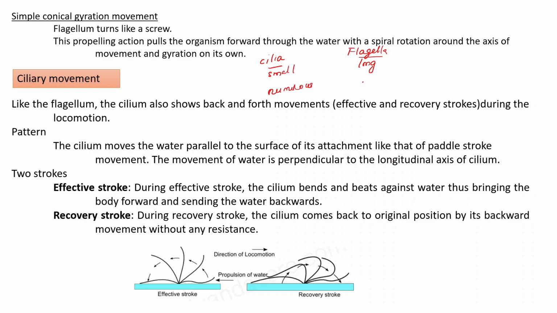Flagella are most often found either at the anterior end or posterior end, and they are few in number. These are some striking differences between cilia and flagella.